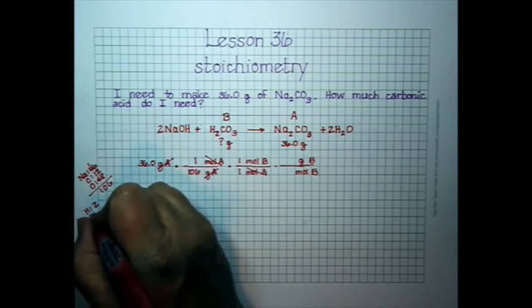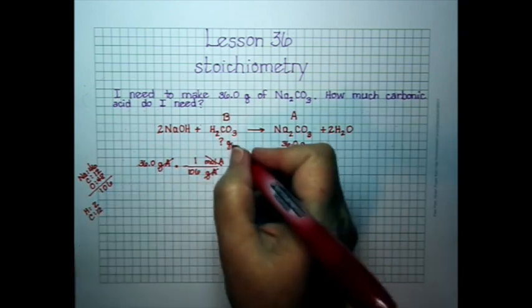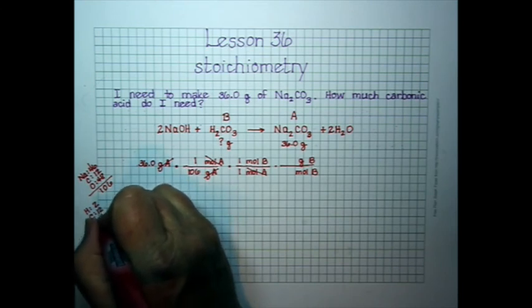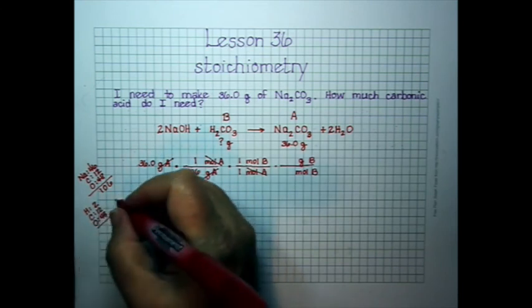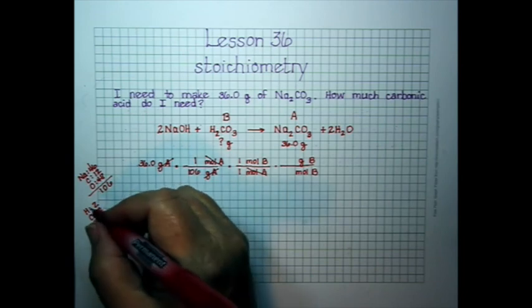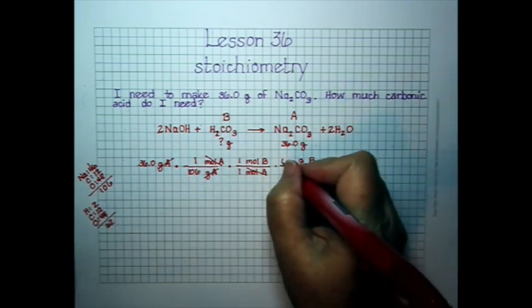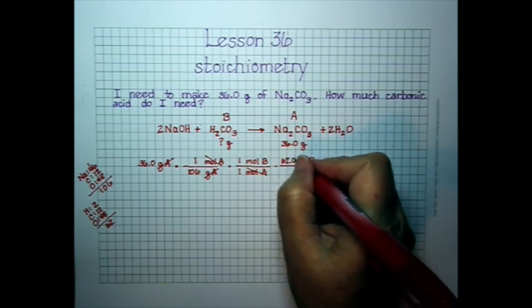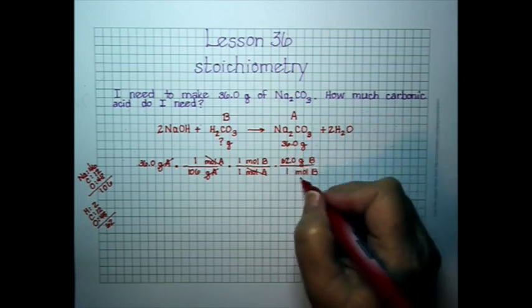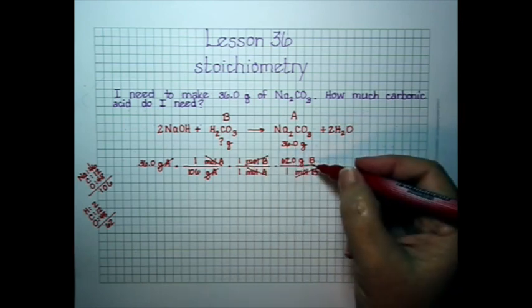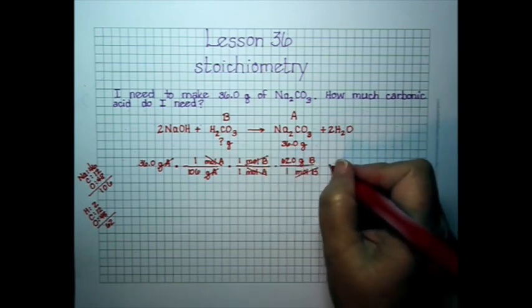Carbon is still 12. Oxygen is still 16, but there's 3 of them, so that's 48. 48, 58, 60, 62 grams to the mole. So 62 grams is the same thing as 1 mole. That cancels out our moles of B, and our answer will come out into grams of B.